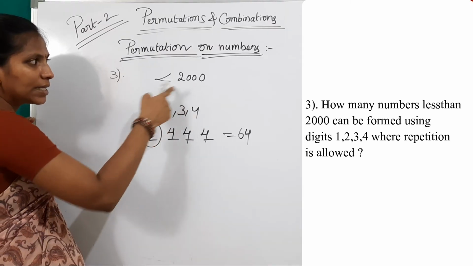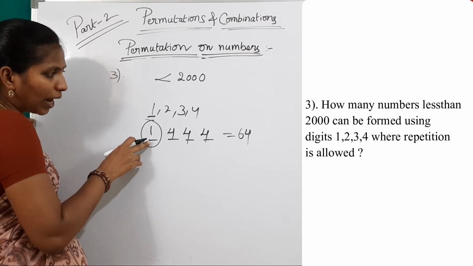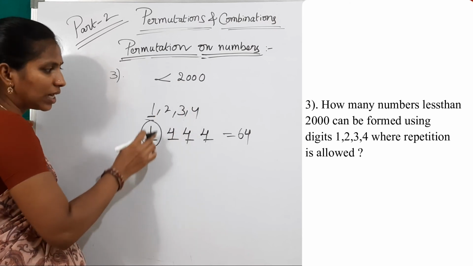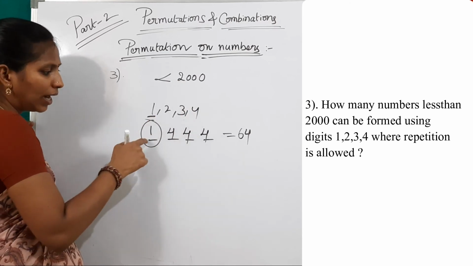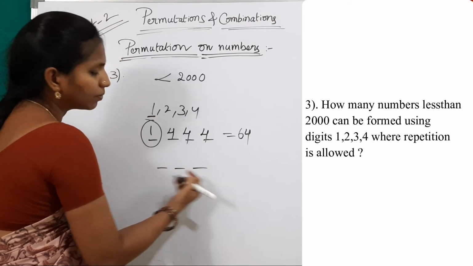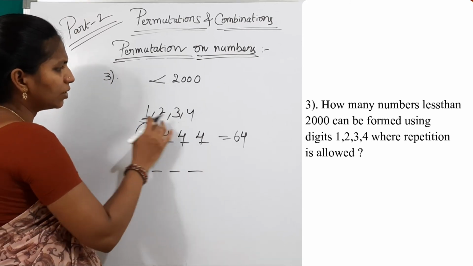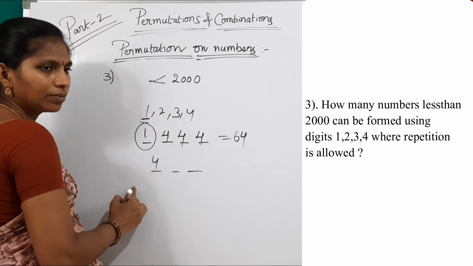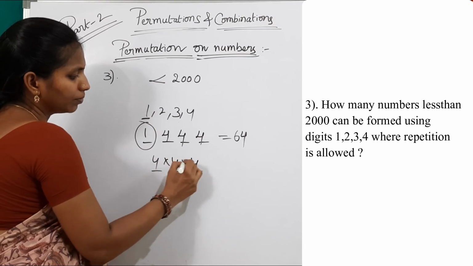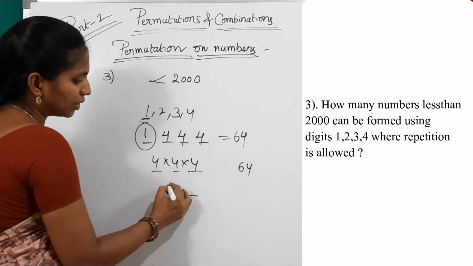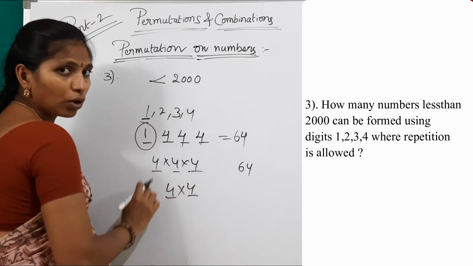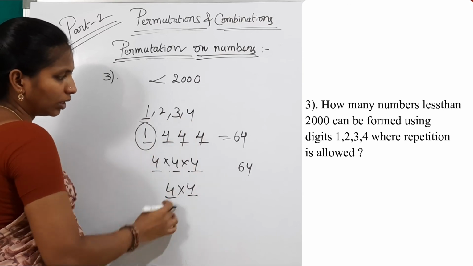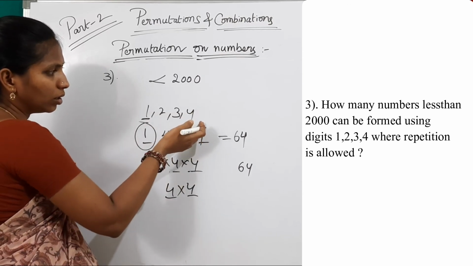These are 4-digit numbers less than 2000. If you write 2 in this first place, then that is definitely greater than 2000. That's why I fixed 1 at the first place. Next, 3-digit numbers. There is no condition, so directly we can use any of these digits: 4, 4, 4, so 64. 2-digit: 4, 4, so 16.